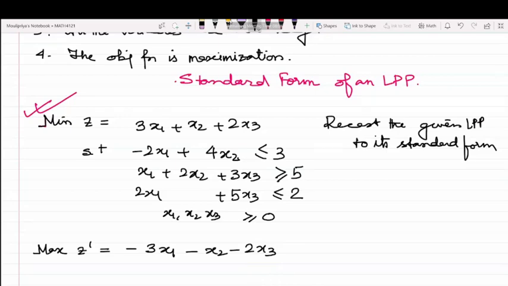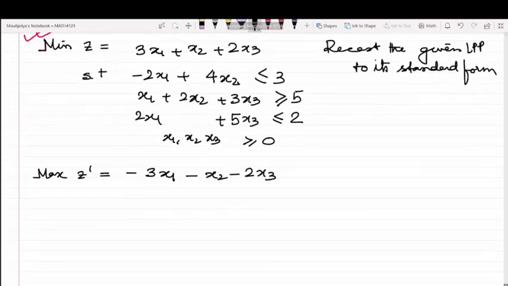Fine. So once we have converted the objective function to a maximization type, now we would be interested in the constraints. Tell me what is required for the first constraint. If this is less than equal to type, in order to convert it to an equality, what do we need to do?